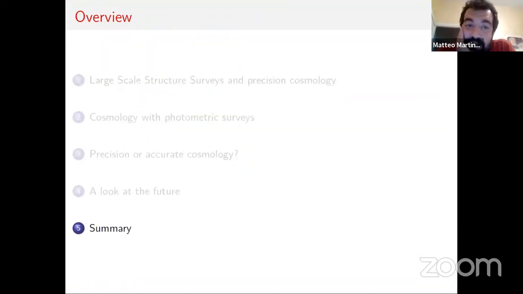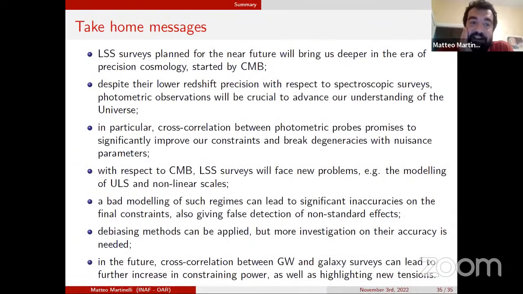Okay, so let me finish up by summarizing a little bit. I noticed that I had quite a few take-home messages written on this slide, and I also noticed that they are very divided, as I was saying, I divided my talk into optimistic and pessimistic. So in the first part, what I tried to tell you is that the large-scale structure surveys that we will have, photometric and spectroscopic surveys, will put us more in the precision cosmology era.